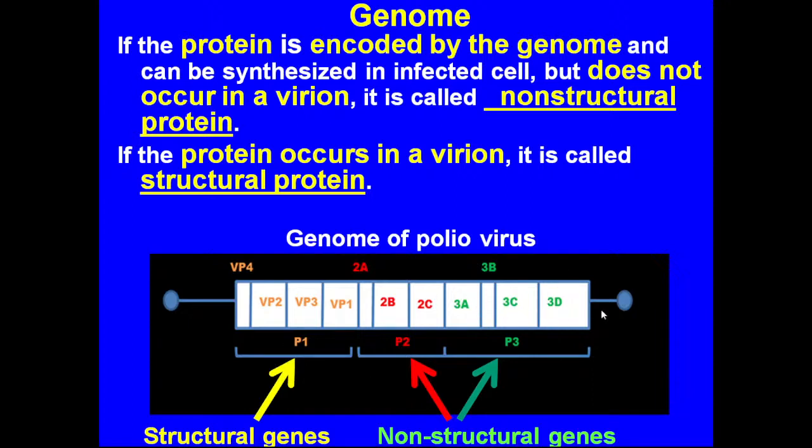But then, if the virus replication is over and the virion is supposed to be assembled, those proteins that are called non-structural proteins will not be enclosed into the capsid. So we won't find these proteins inside the extracellular virus particle. These proteins will be left inside the host cell and not incorporated into the virion. That is also very important.